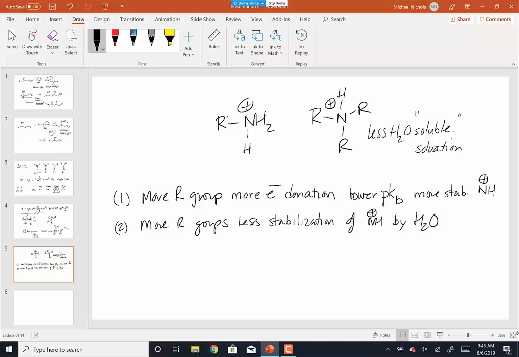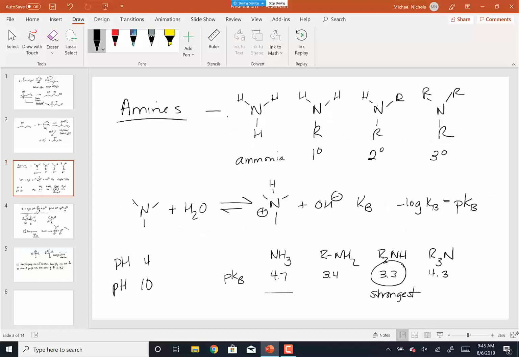So if I go back to the beginning here, why is ammonia the highest? No alkyl groups. So the alkyl group plays a significant role. But now looking at primary, to secondary to tertiary, why is the secondary the strongest base? Well, because there's a solubility issue between secondary and primary.